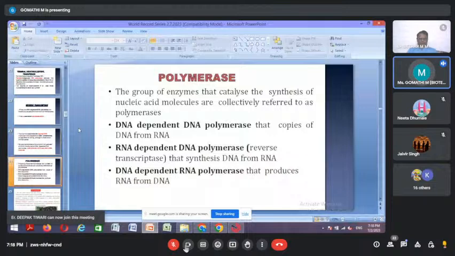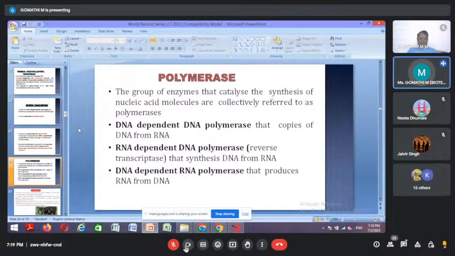The next main enzyme is polymerase. The group of enzymes that catalyze the synthesis of nucleic acid molecules are collectively called polymerases. There are 4 types of DNA polymerase enzyme: DNA polymerase 1, DNA polymerase 2, DNA polymerase 3, and DNA polymerase 4.